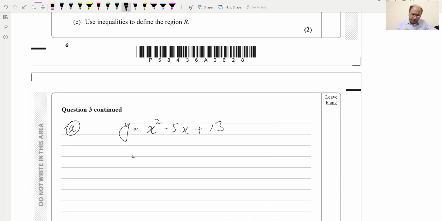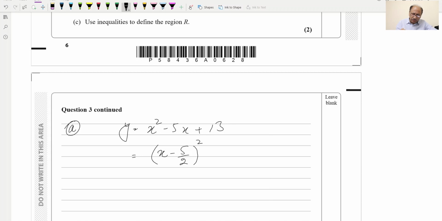How will we write this in the form of completing the square? This will be x minus 5 by 2, copying the sign, and this one is divided by 2. Hopefully you know the procedure of the completing square method.